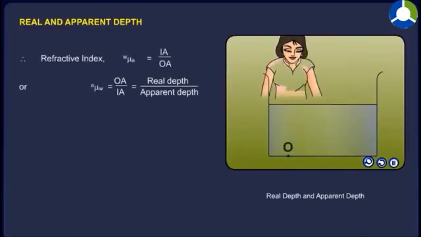Therefore, refractive index wμA is equal to IA upon OA, or aμW is equal to OA upon IA is equal to real depth upon apparent depth.